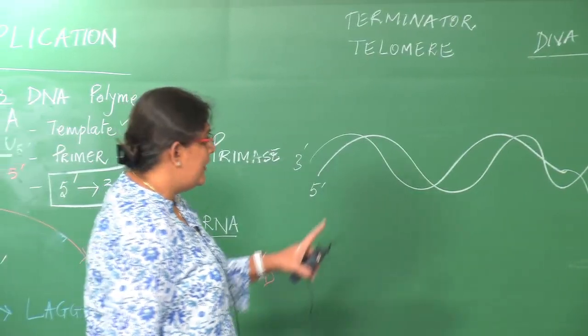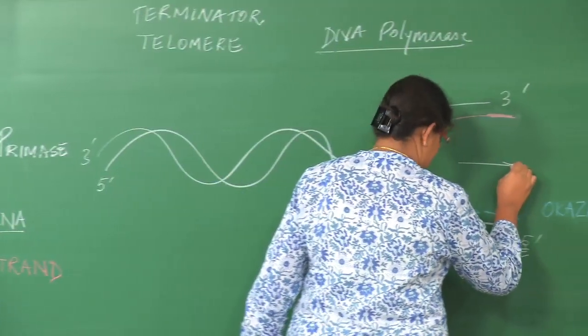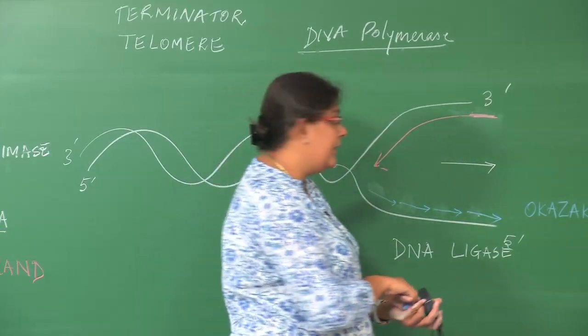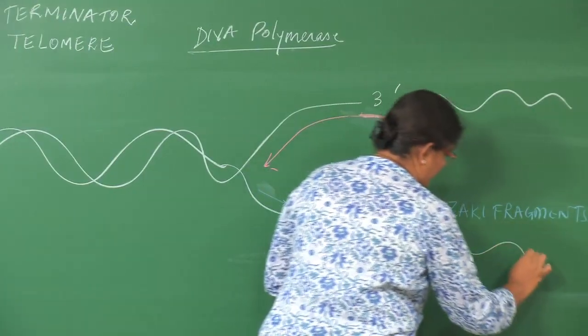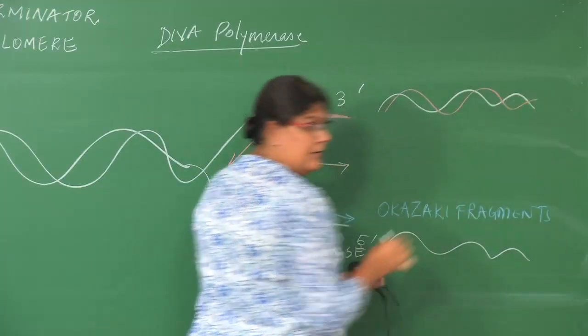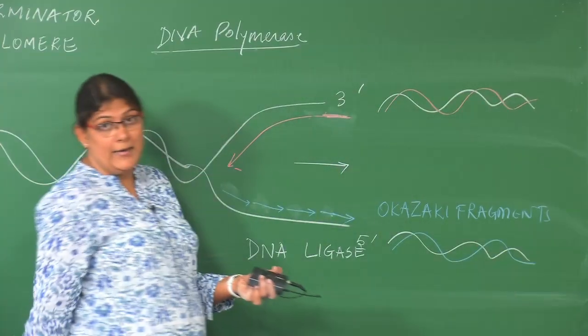Now, you notice at the end of this entire process, once this DNA replication has happened, what you end up getting are two daughter DNA molecules. This one formed because of a leading strand, and this one formed because of the lagging strand.